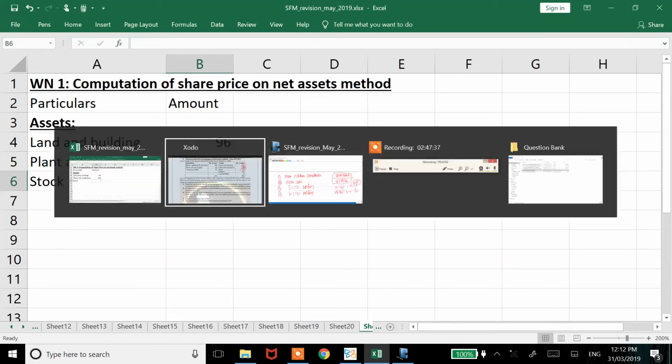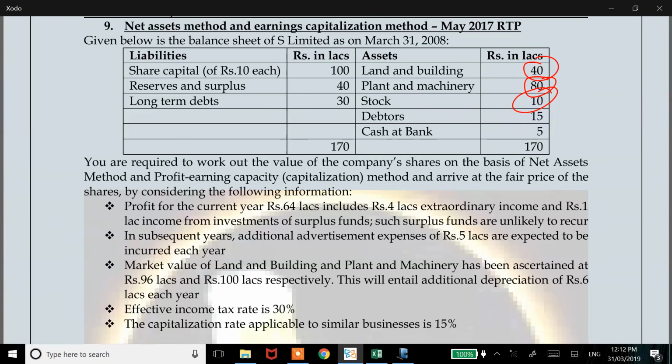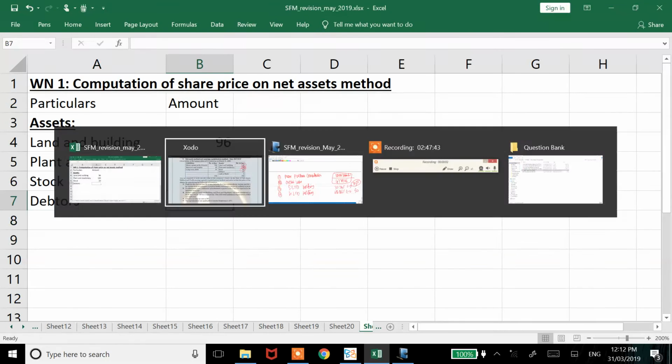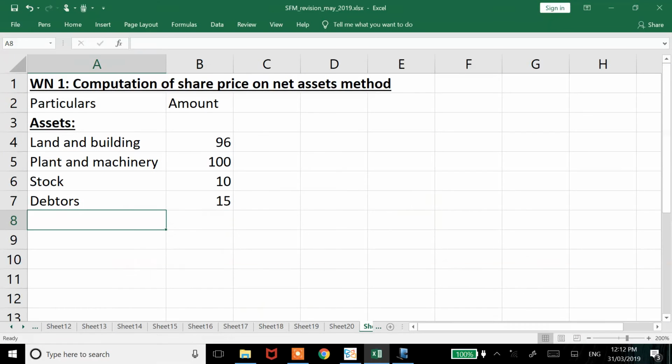Stock, nothing is mentioned on stock, 10. Debtors 15. Cash at bank 5. If they give some extra information, we consider them, otherwise we write the numbers which are given. Land and building, plant and machinery, stock, debtors, cash at bank. Sometimes they may talk about some contingent liabilities and all. If they give you that, you will have to take that also into consideration.